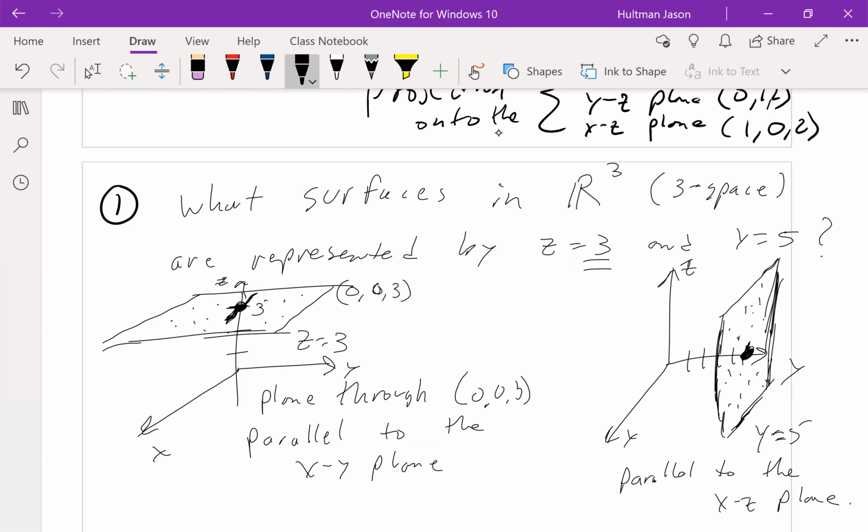This one's vertical, the other one was horizontal. Z equals is a horizontal plane, Y equals is a vertical plane. X equals would be a vertical plane as well, just in a different orientation, 90 degrees from the X. Right? So X, Y, Z.